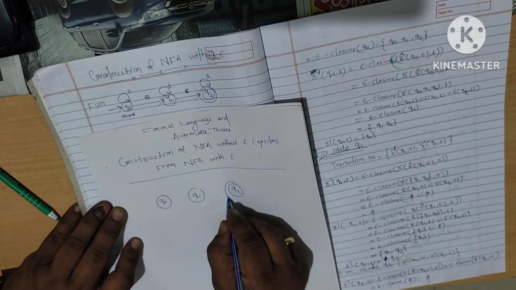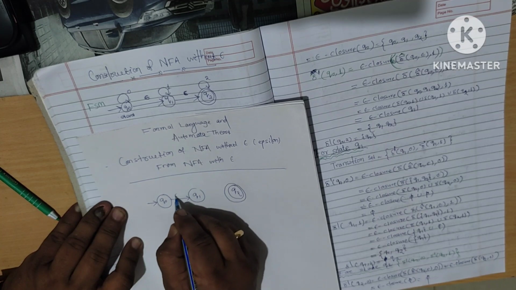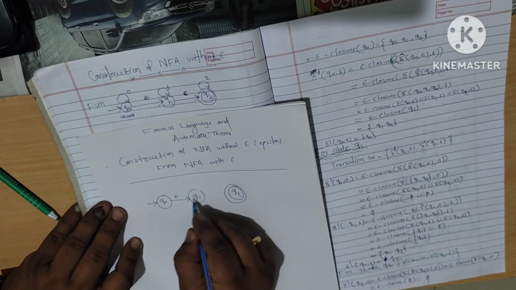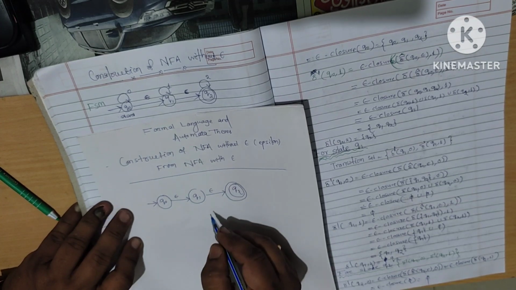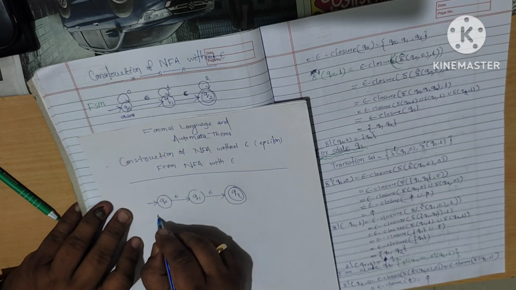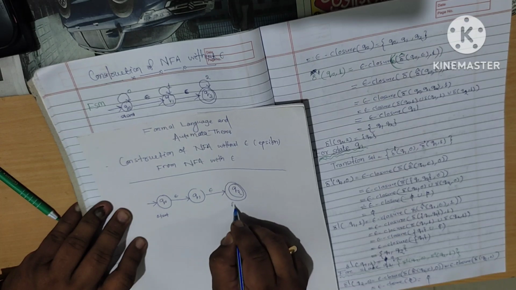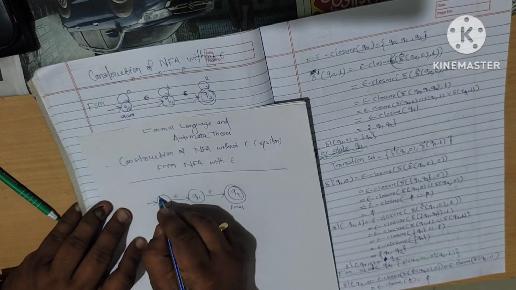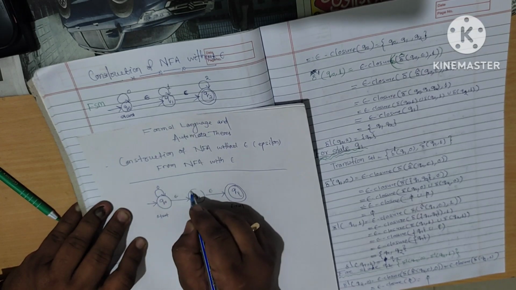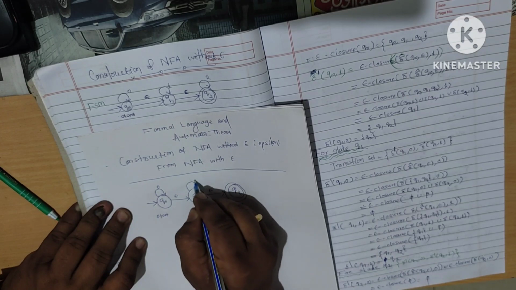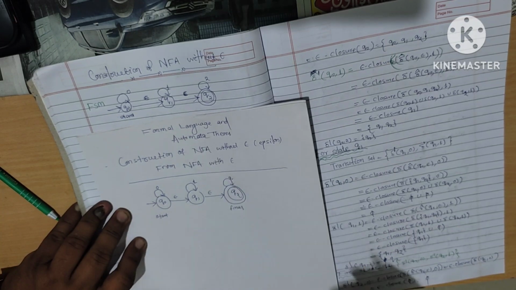We have three states and an epsilon move from Q0 to Q1, and an epsilon move from Q1 to Q2. Q0 is the initial state or start state. This is the final state. And there is a self loop on 0 transition, a self loop on 1 transition, and a self loop on 2 transition.